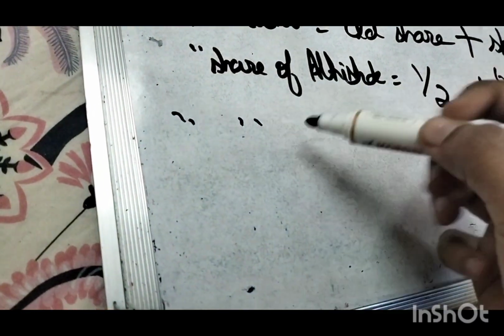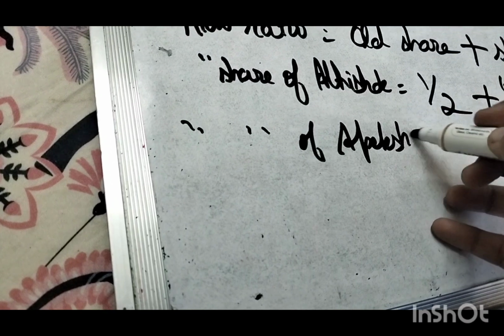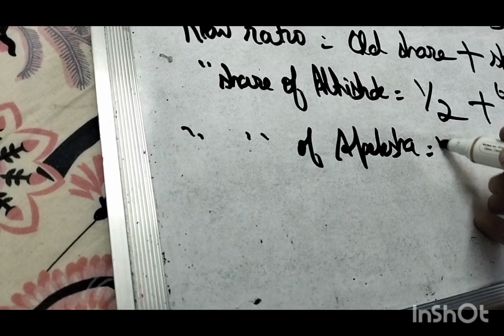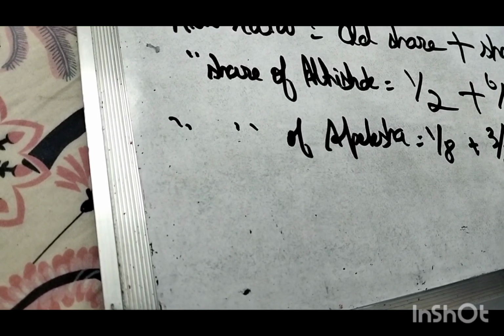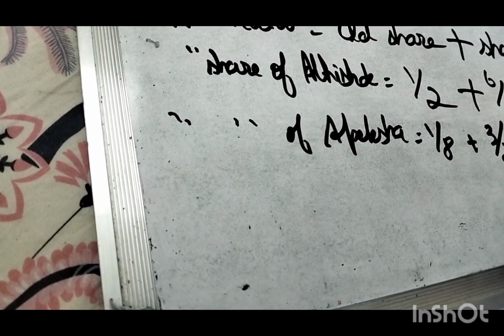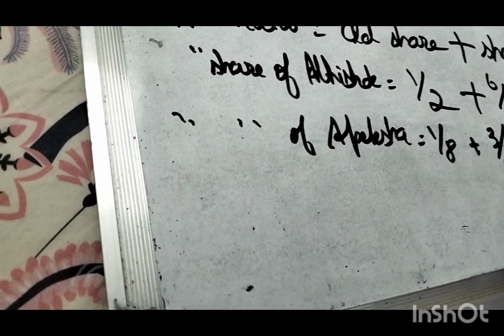This is the new share of Apeksha: 1 by 8 plus 3 by 24, so it's going to be 6 by 24.